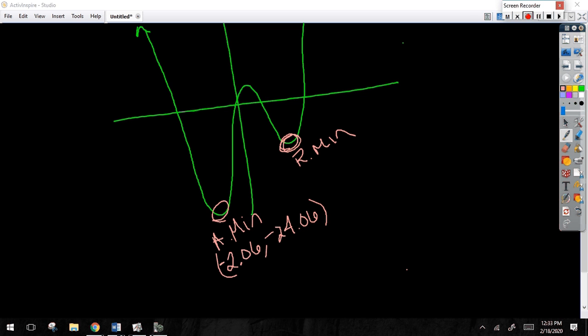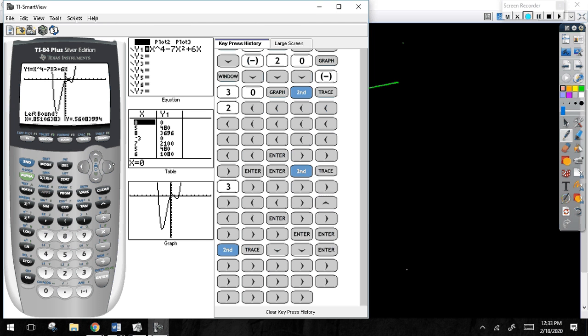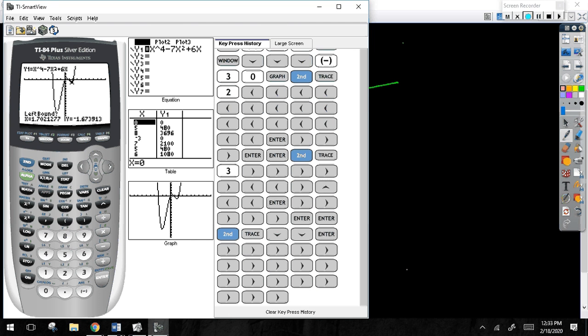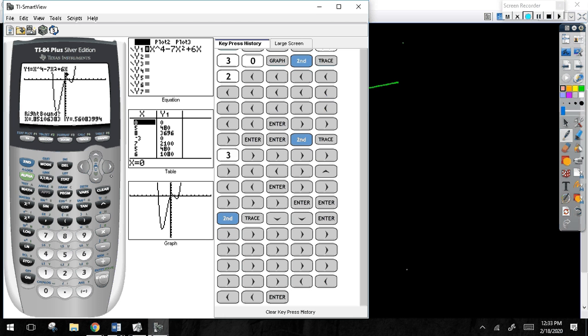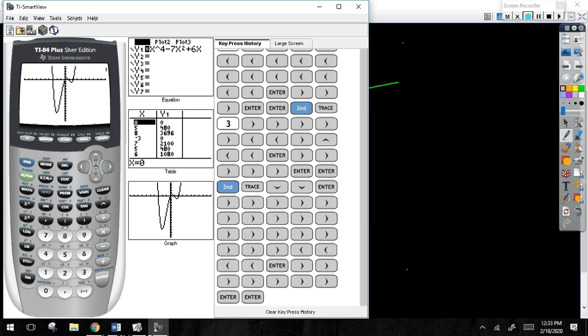All right, second trace and then choose minimum. So if I go second trace, choose number 3 for minimum. And now I'm going to go over to where this minimum is. Left, enter, right, enter, enter one more time.